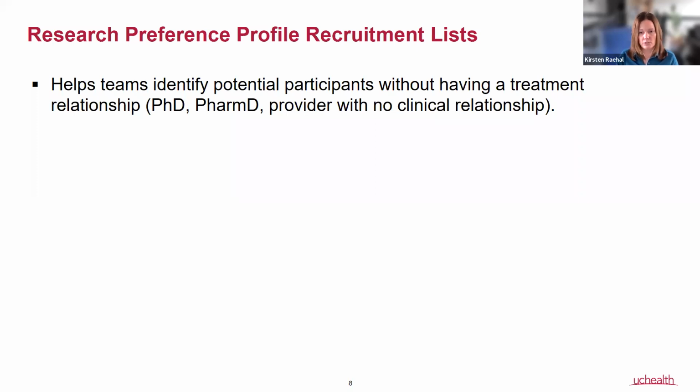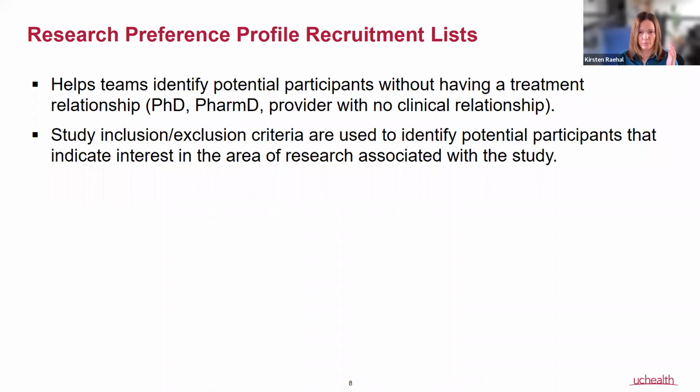So this is a really great tool for PIs that are PhDs or PharmD, or maybe there's a provider that does see patients in clinic, but they need to, for a particular study, identify patients that they wouldn't have a clinical relationship with. So this is a mechanism to potentially identify participants for these particular types of PIs.